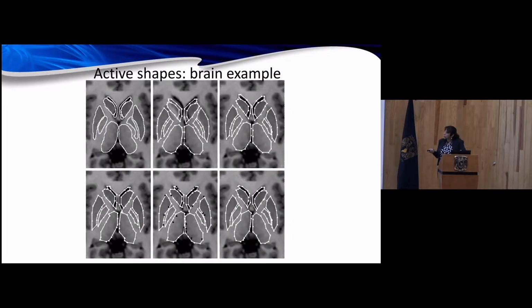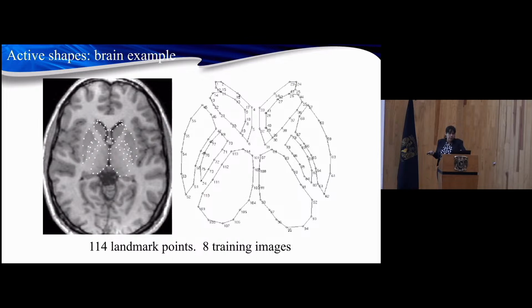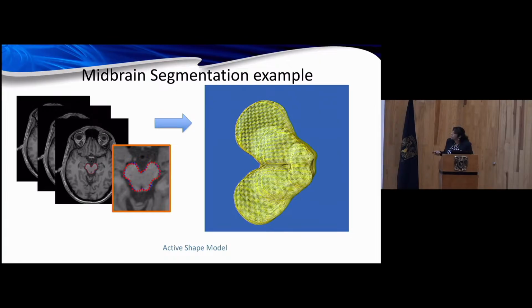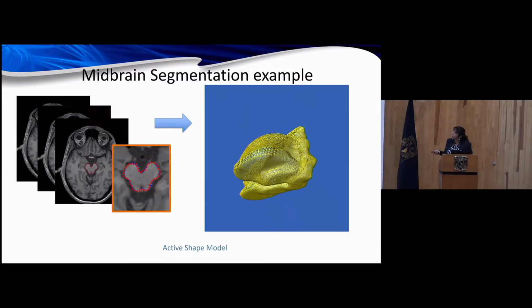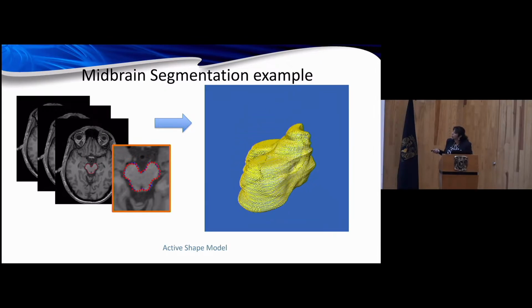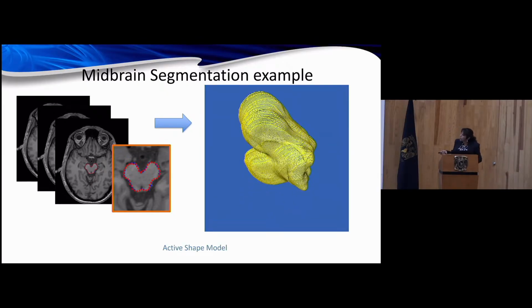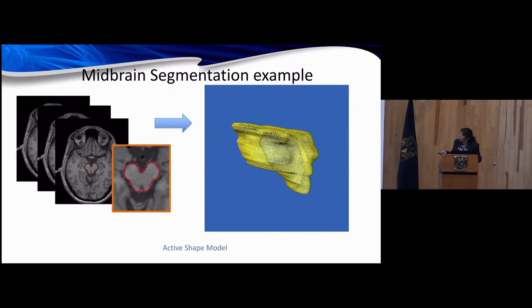And lastly, active shape models search for a specific form and a specific shape, and usually we can have similar shapes. For example, here I have the midbrain on these magnetic resonance images, and what I'm going to get is the shape of the midbrain here.